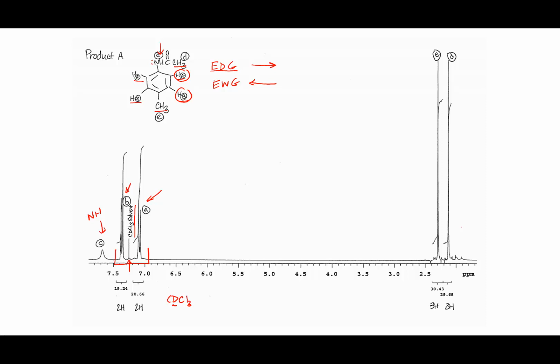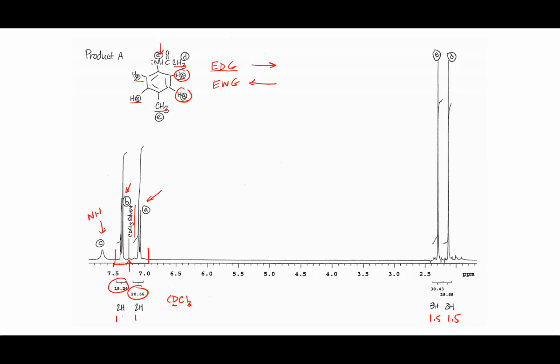In terms of looking at the integrations, the integrations on the NMR spectrum are these numbers down here below the baselines. So it looks like we've got 19 and 20, and we've got 30 and roughly 30. If we go through and divide those, that's going to be 1, 1, 1.5, and 1.5.